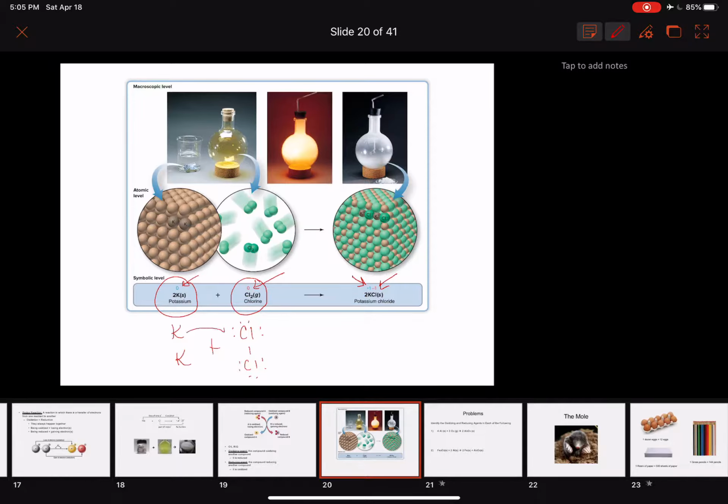And this potassium is giving this chlorine an electron, and this potassium is giving that chlorine an electron. And what we end up with is that and that, which we write as 2KCl. Because remember, when we're writing the formulas, we don't write in the charges there for ionic compounds. We just assume that you know it's there.